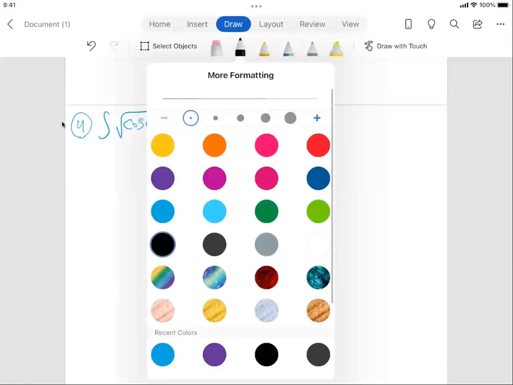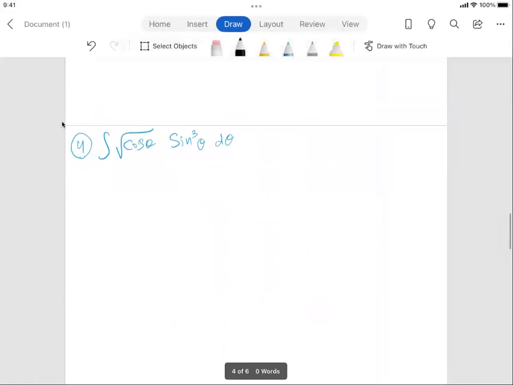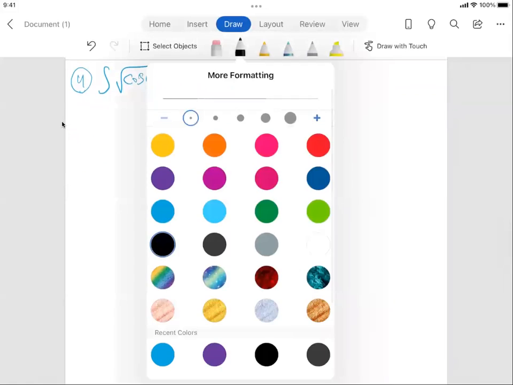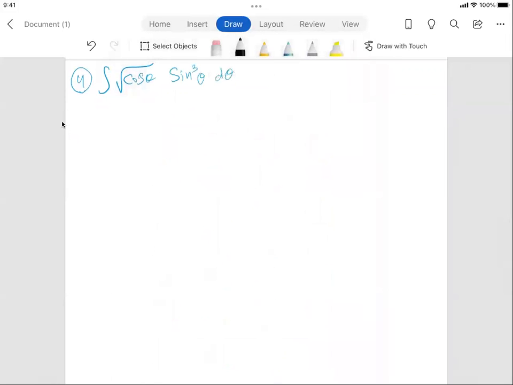So this one become cosine of theta to power 1/2. And I can write this one as sine square of theta, sine of theta, d theta.